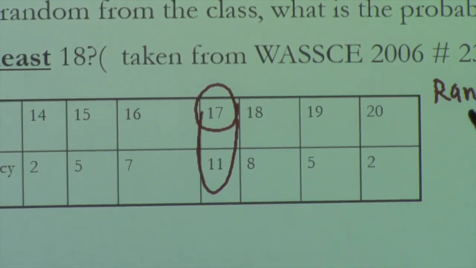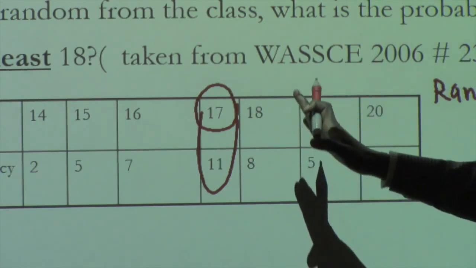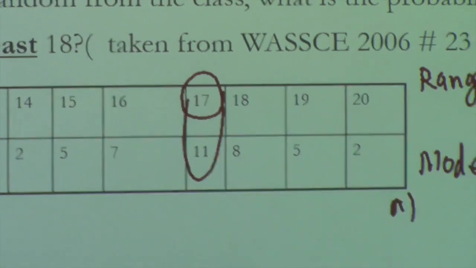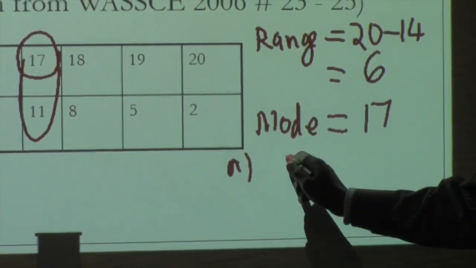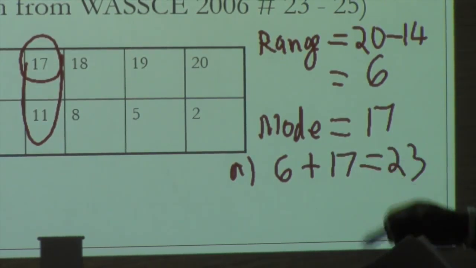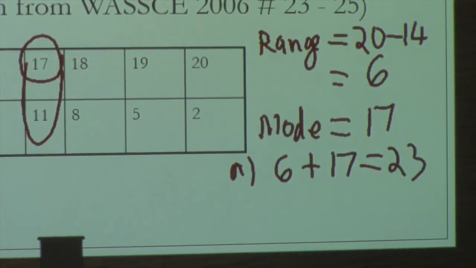So our mode here is not 11, it's the age of the people who were at age 17. So 17 is our mode. Again, do not use the frequency. Now, the sum of the mode and the range will be 6 plus 17, and that will be 23. So the sum of the mode and the range is 23.